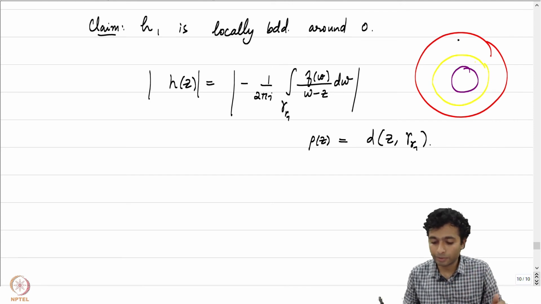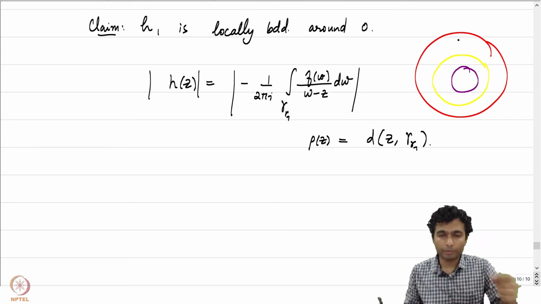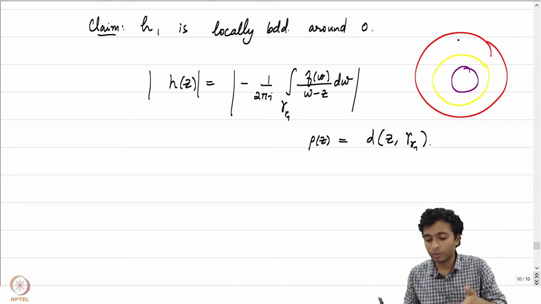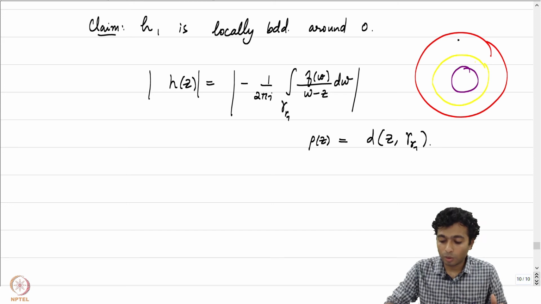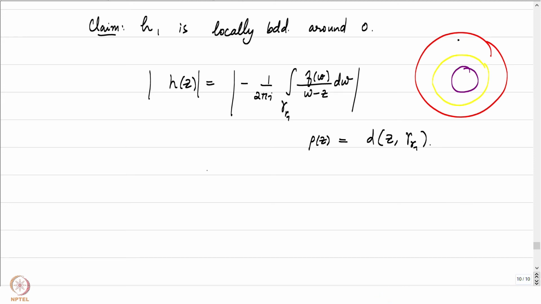Because it's the infimum, the distance of z to w, where w is on the circle, is going to be bounded below by rho of z. So hence, what do we have? This tells us that this is going to be less than or equal to M times the arc length of gamma r1, which is 2 pi r1, by 2 pi times rho of z.